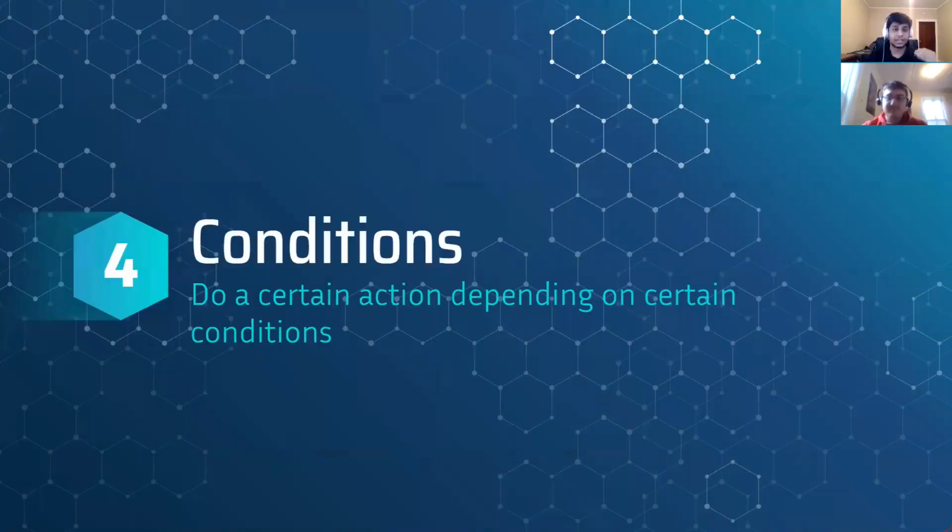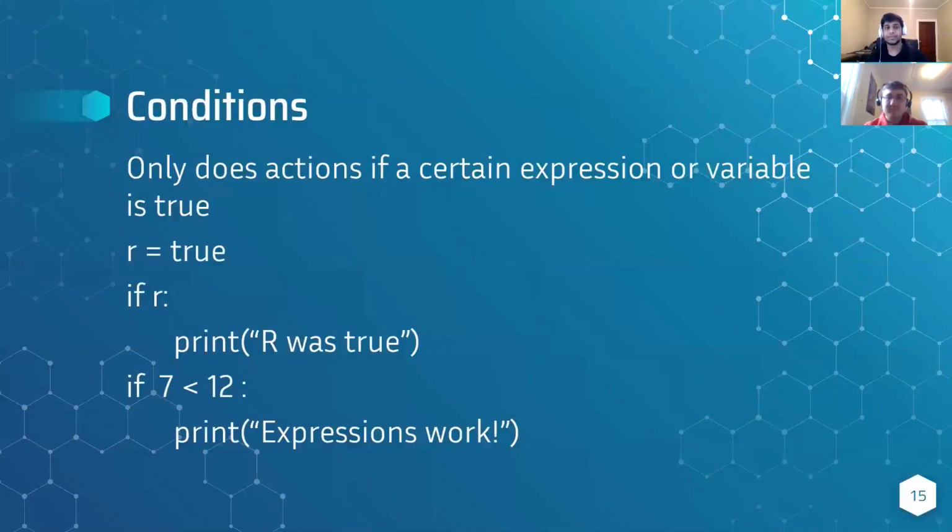The next thing that gets into more programming type things is conditions. This is where you want to do a certain action depending on certain conditions. At the basic level, we use these things called if statements. An if statement is a way of saying, given a certain condition, do these certain actions, only if it's true.